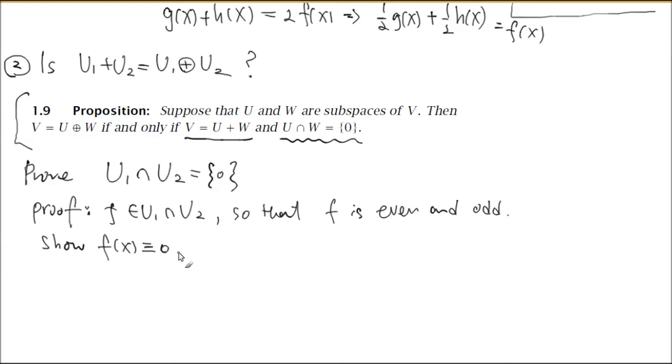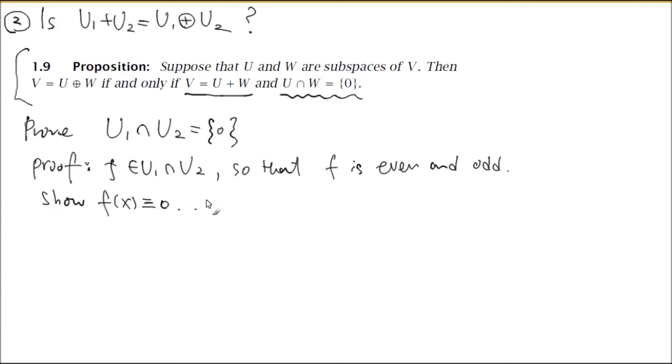So this symbol means that we're not setting f of x equal to 0. No matter what x you plug in there, it is identically 0. Just to emphasize, so that I don't have to write for all x in and things like that, right? So how do you show things like this? Techniques of a proof coming in here.